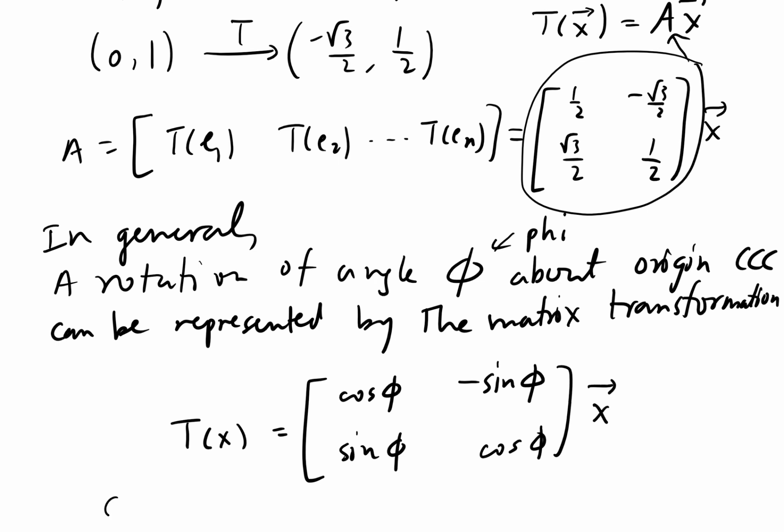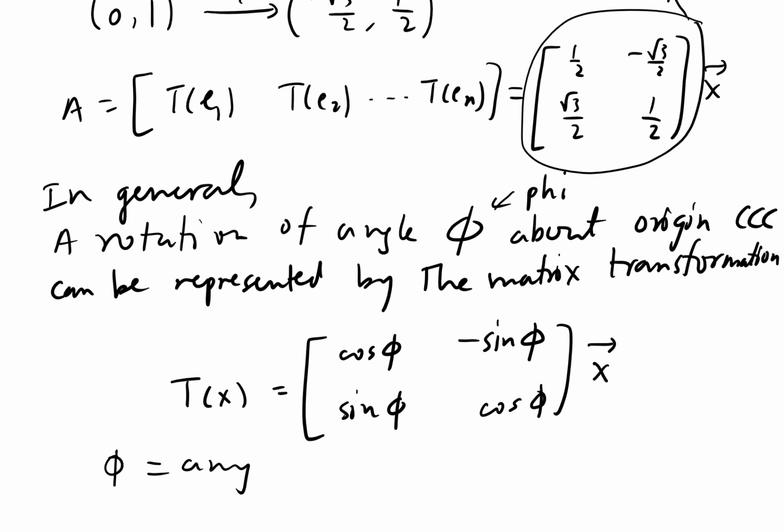So phi can be any angle. And what this does is rotate any given vector about the origin by the given phi.